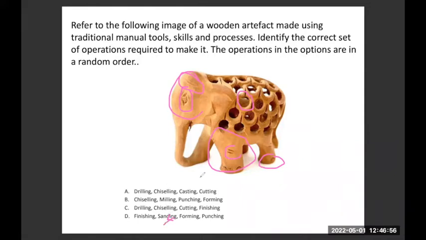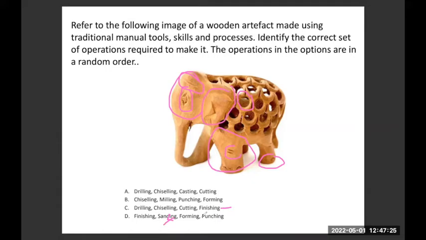Chiseling and drilling, I will say yes, by default they are involved. Cutting, naturally it will start from a block of wood, and that's where cutting will also be a part. And then by default finishing, because I can see all those details of the ears that I can see here. So finishing, the object is finished well. And yes, so finishing is also a part of it.